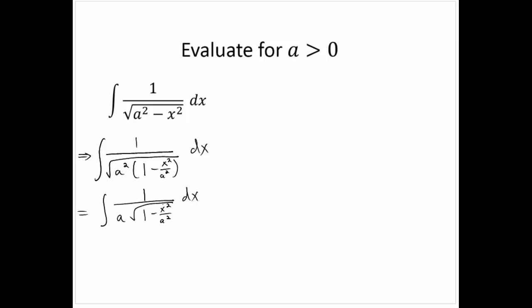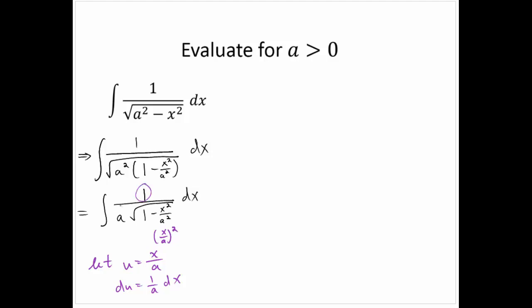Now I'm going to make a substitution. I notice that x squared over a squared is x over a, squared. So I'm going to let u equal x over a, then du is 1 over a dx. And look at what I have.